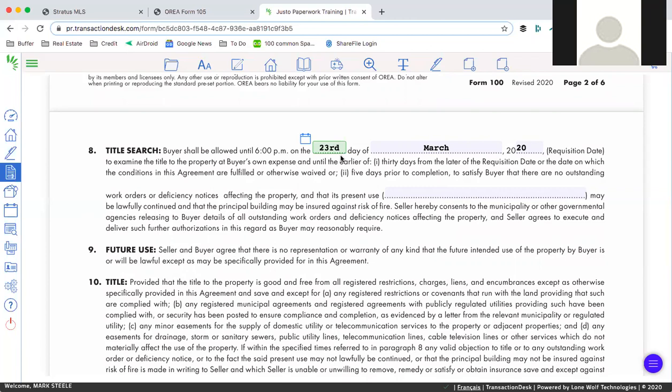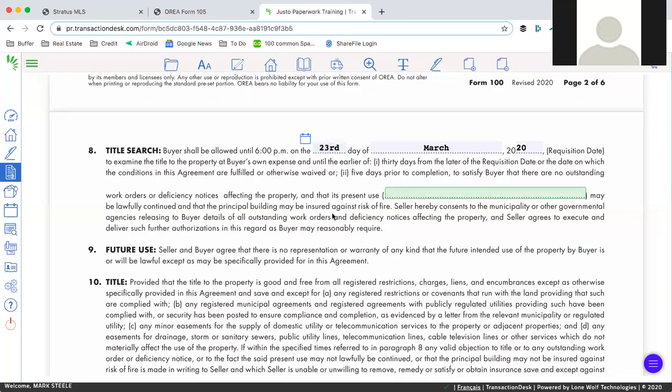If they owe any taxes, for example, or if there's anything that is deficient with this property, they're going to check all of that information in the back end up until that date. And again, you'll be notified by your lawyer if anything alarming comes up as well. I've never seen an issue where something substantial affects the deal with this section here.